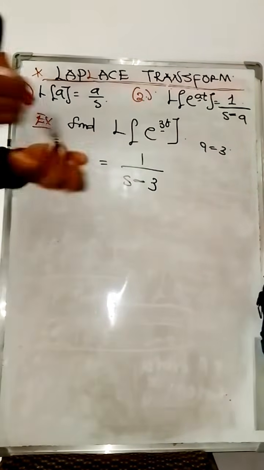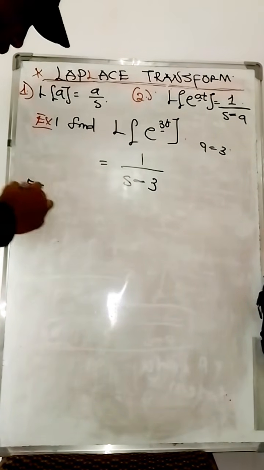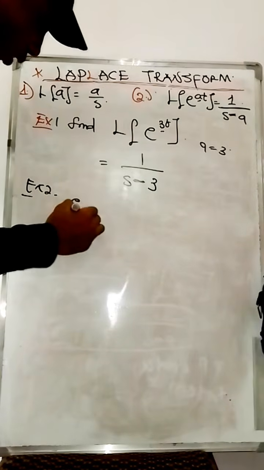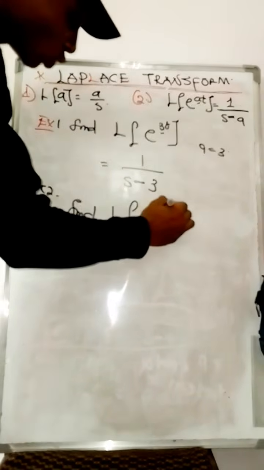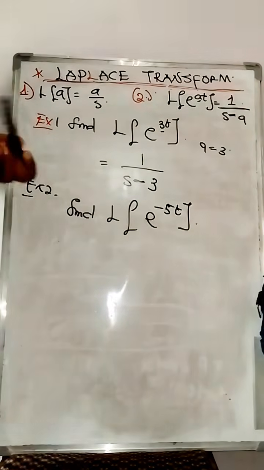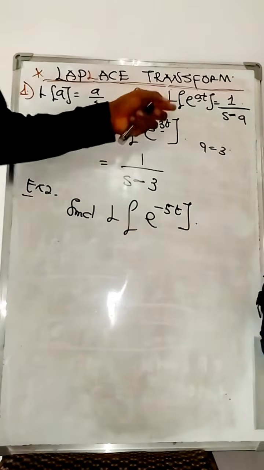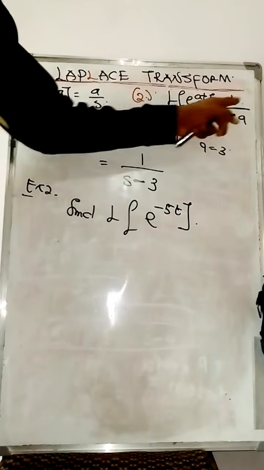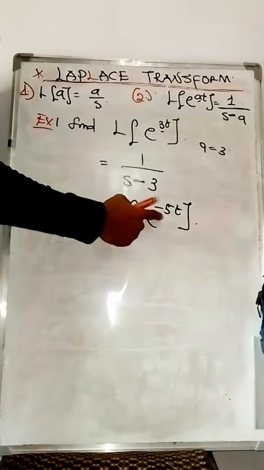So now let's take one more example. This is example 1, example 2. Find the Laplace of exponential minus 5t. Now remember we said the Laplace of exponential at is equal to 1 divided by s minus a. Now in this case, a is what?